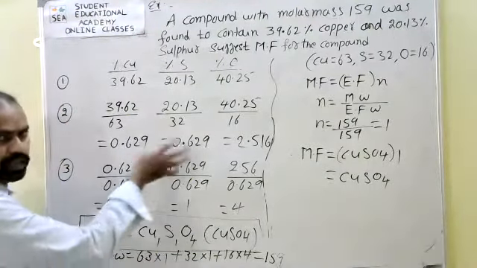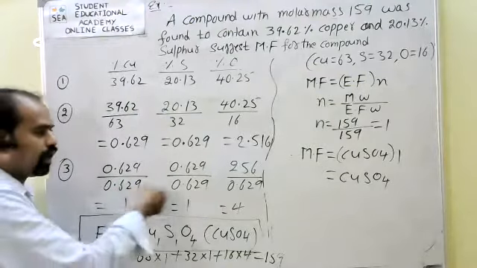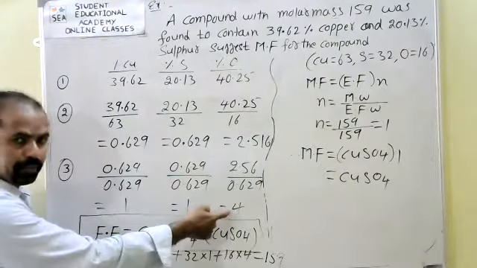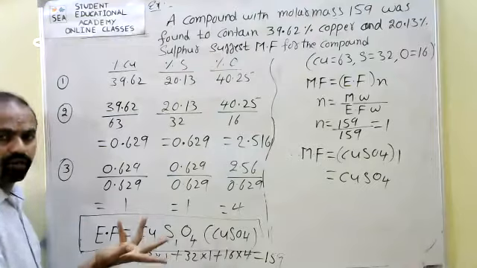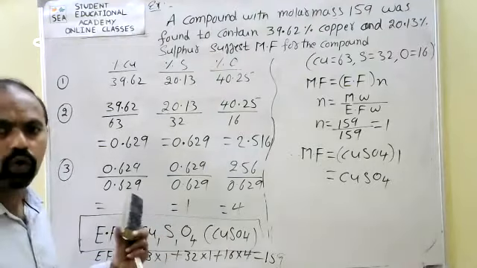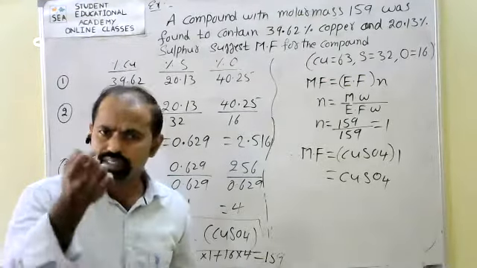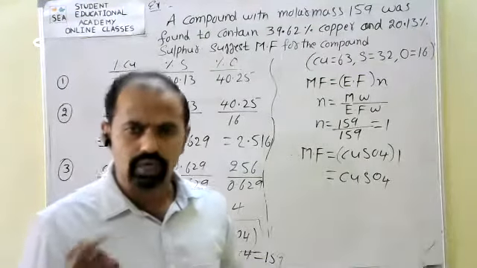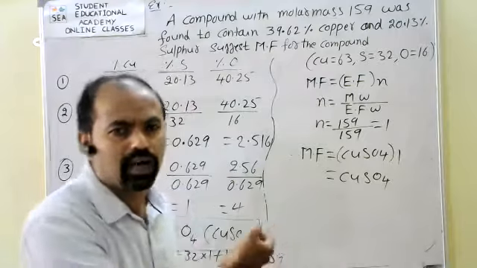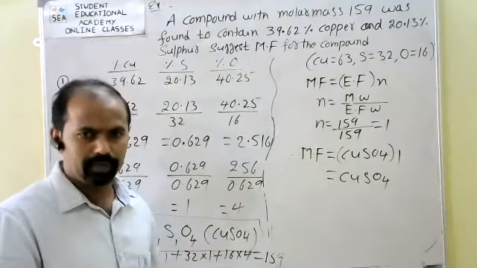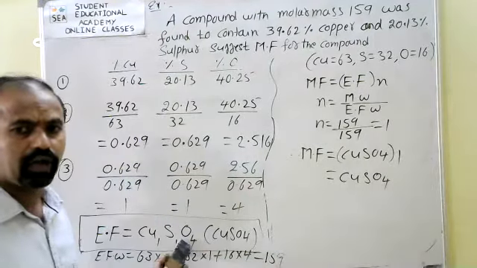I have divided by the smallest, 0.629, all divided. We get whole numbers. So that is the empirical formula. If it is not a whole number, if any fractions are there, by using a suitable integer, multiply all values, and we get whole numbers. That is the empirical formula.